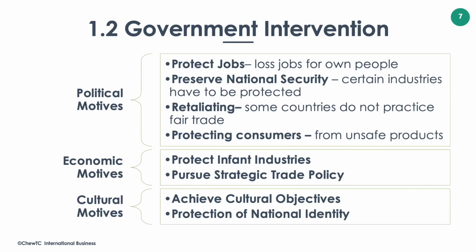For example, it has been repeatedly claimed that Chinese enterprises in several industries, including aluminium, steel, and auto parts, have benefited from extensive government subsidies. So, countries sometimes argue that it is necessary to protect certain industries because they are important for national security.